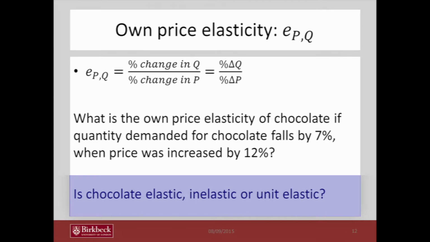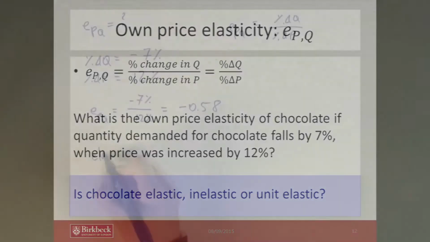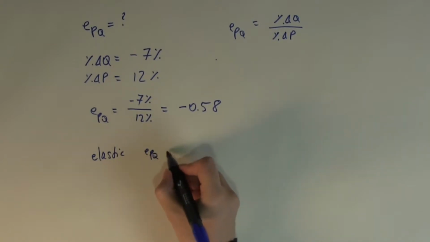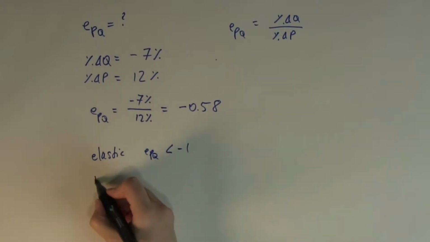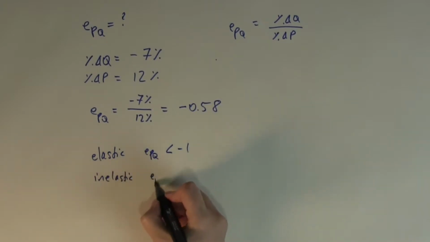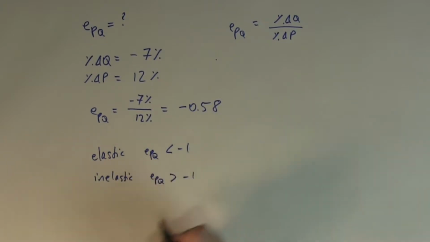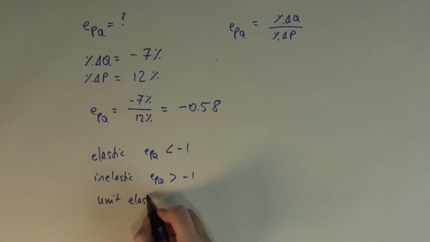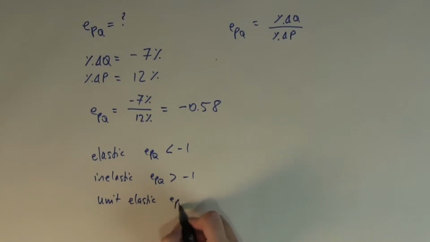Next question is, is chocolate elastic, inelastic or unit elastic? Okay, so remember, elastic was when EPQ is less than -1, inelastic when EPQ was bigger than -1, and unit elastic is when EPQ is exactly -1.